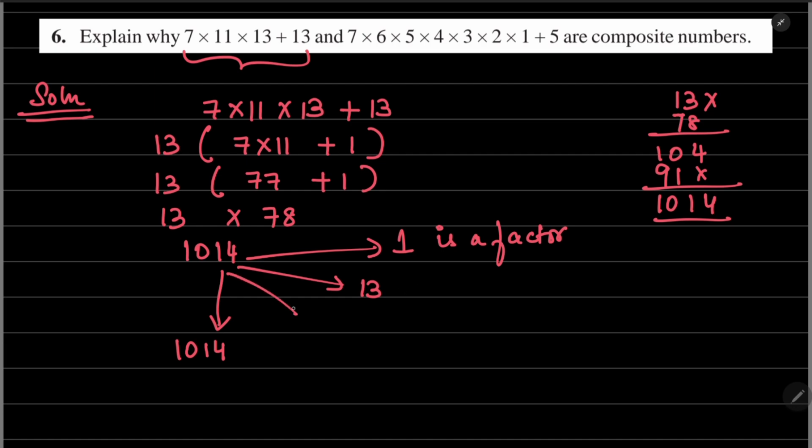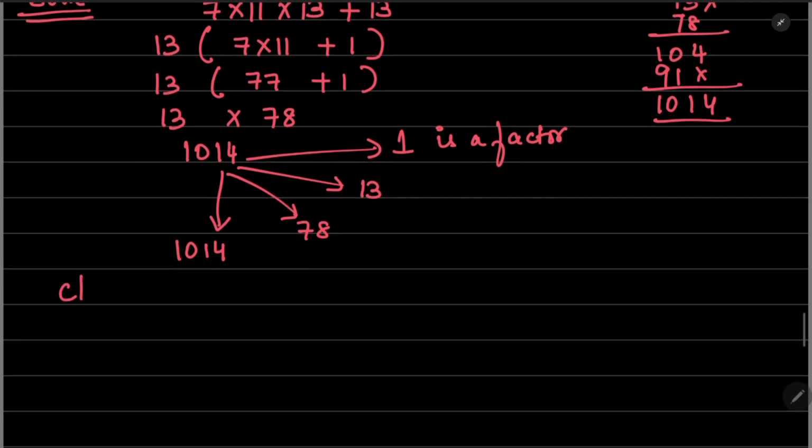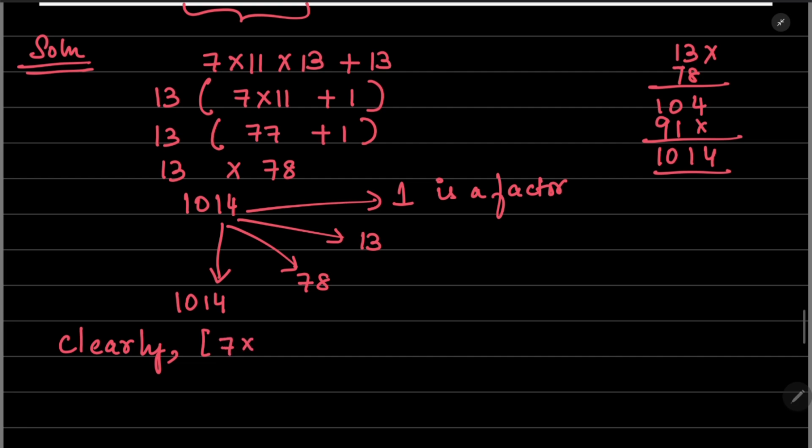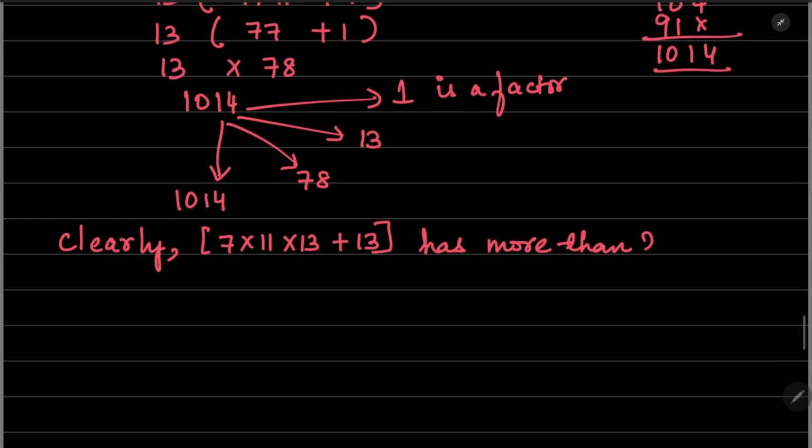13 is a factor, and then 78 is a factor, isn't it? So clearly you can see there are already 4 factors. There are more than 2 factors. So you have to write clearly that this expression, 7 multiplied by 11 multiplied by 13 plus 13, has more than 2 factors.